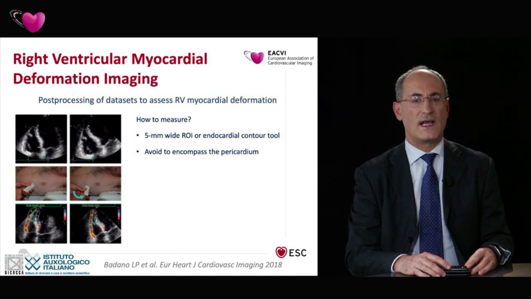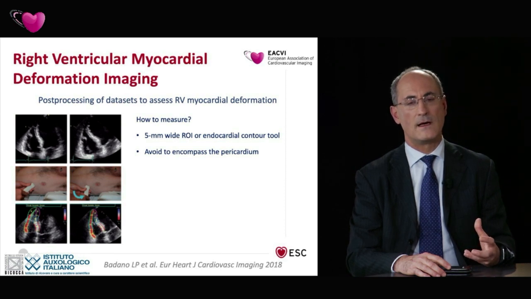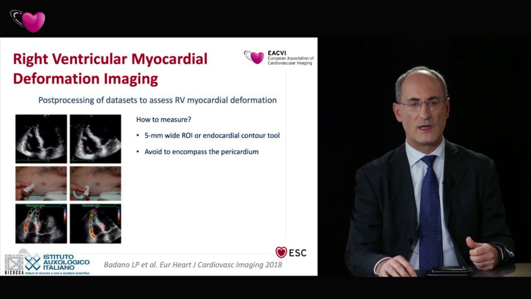The first important point is that we should not use the classical 4-chamber view, because with this view it is more difficult to standardize, and also usually we don't see the apex of the right ventricle. So this should not be used.